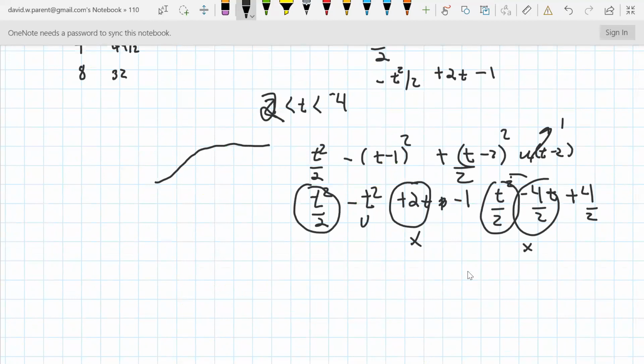All right. That cancels out. And then I'm left with a minus 1. And 4 divided by 2 is 2. So actually, it leaves a constant of 1 in that region, right? All these t's cancel each other out.